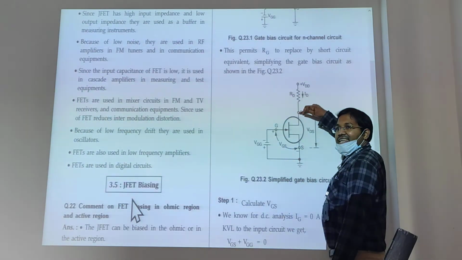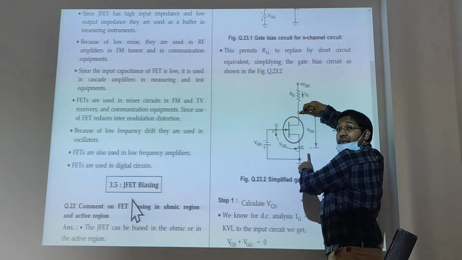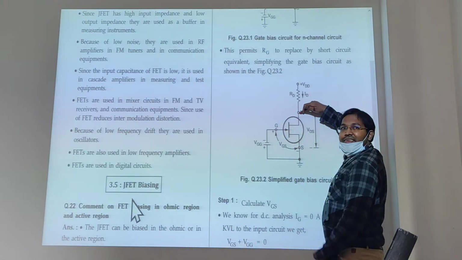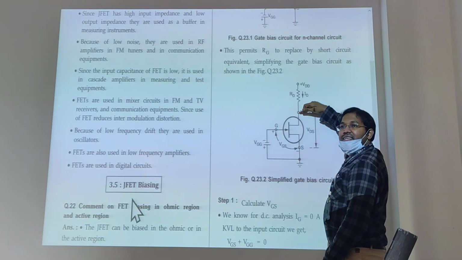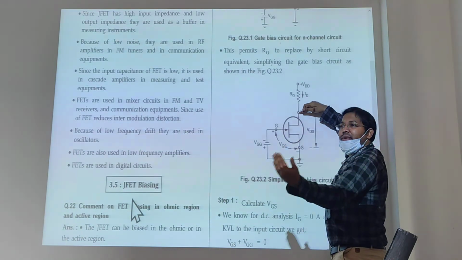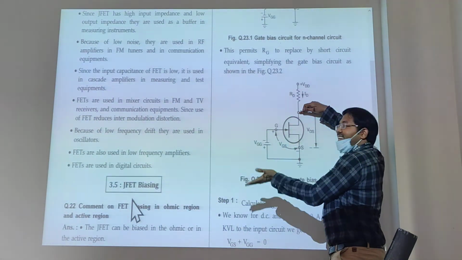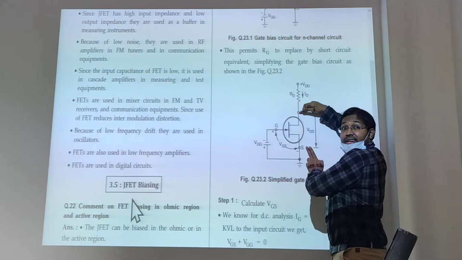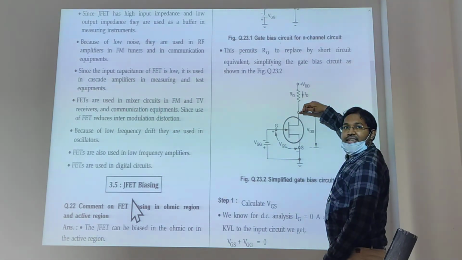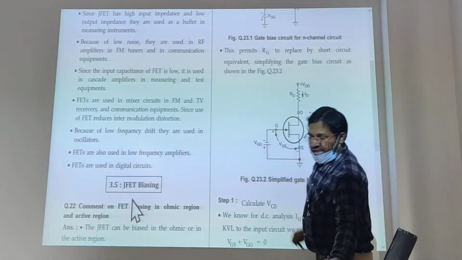What is the voltage here? Either you call it VDS or you can also call it VD, because the source is grounded. VD is VD minus VS, and VS is 0. So VD will be equal to VDS for this case because the source is grounded. So the voltage here we can call VD.